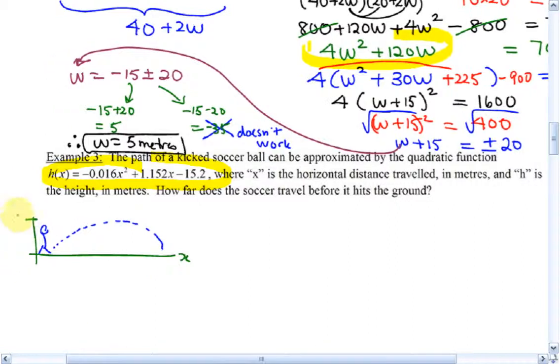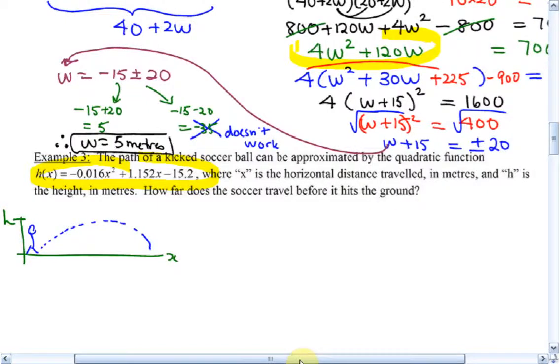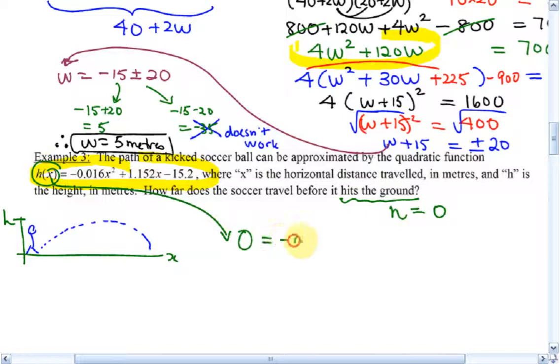Here's the question: how far does the soccer ball travel before it hits the ground? You've seen this before. When it hits the ground, what does h equal? 0. Excellent. So all I want you to do is take that equation and make h of x equal to 0.